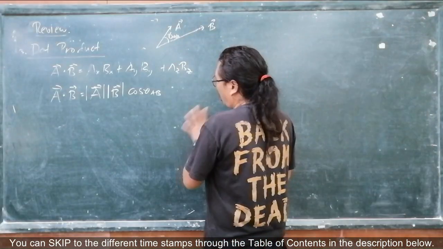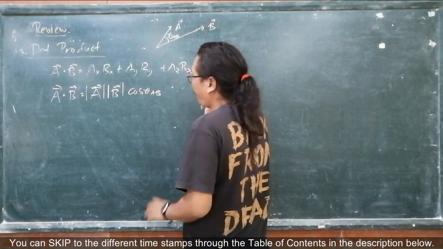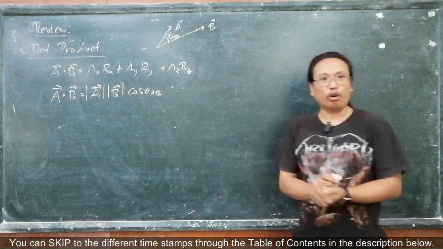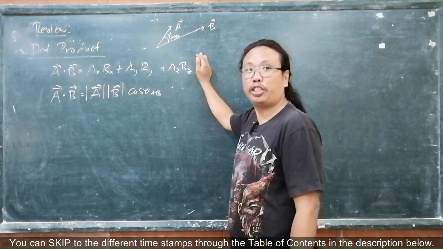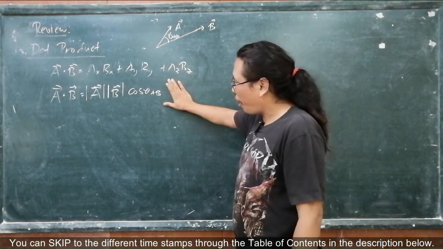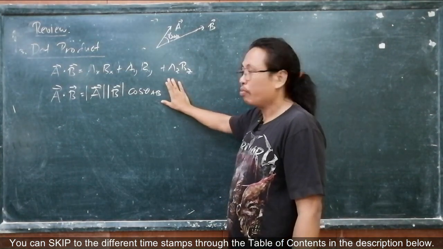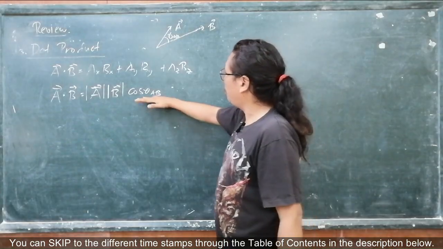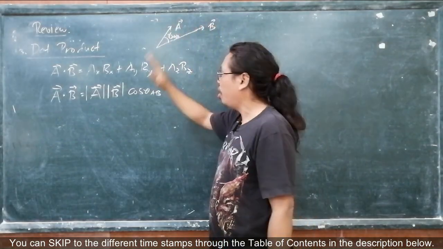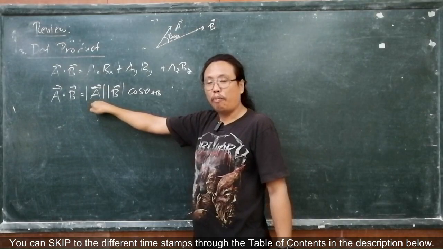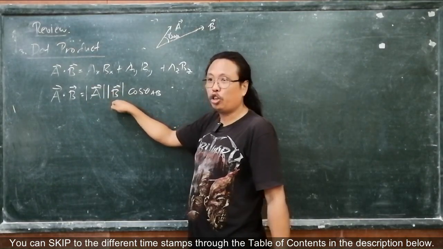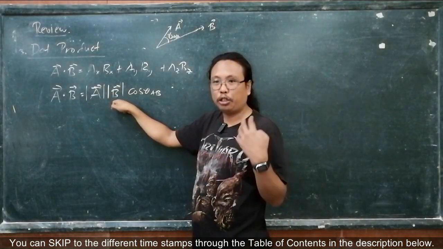Now, if the vector is given in Cartesian form or rectangular coordinate system, then this definition is much easier to use. This is quite difficult for that. Why? Because in order to use this, if you have a Cartesian vector, first you need to calculate the magnitude of A, and then again the magnitude of B by using the formula for the magnitude.